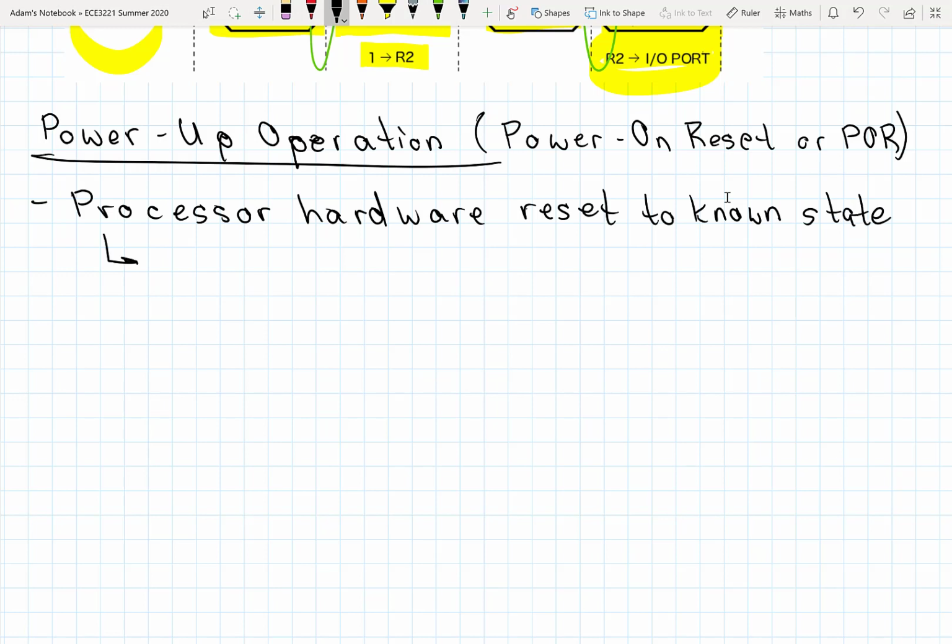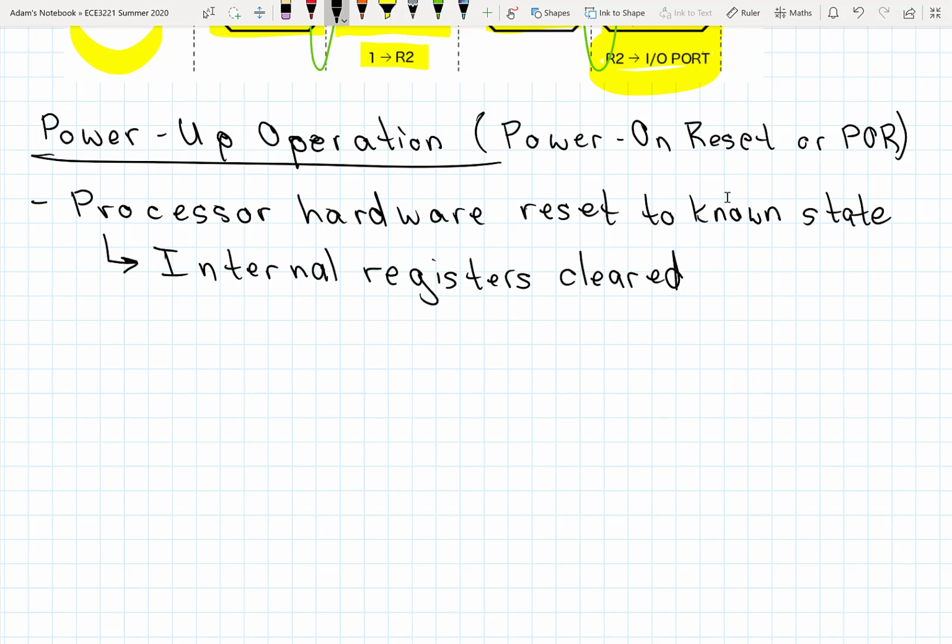Often our internal registers are cleared. Cleared isn't necessarily the right term, I'm going to put it here anyway, but some processors will have a default state that their registers will be set to.